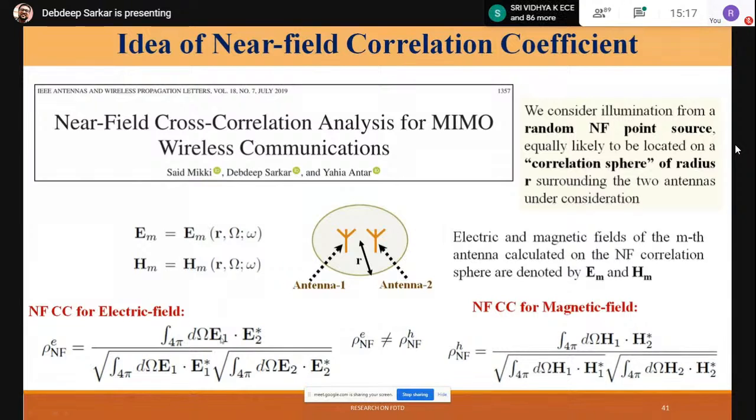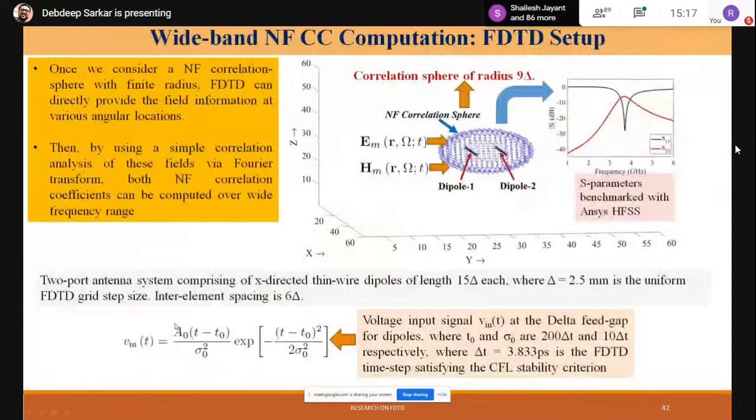So Said did the theoretical framing for this, but it was based on the numerical experiment that I had first. In this case I took this horizontal dipole setup. These are the two dipoles, you can see the black wire.